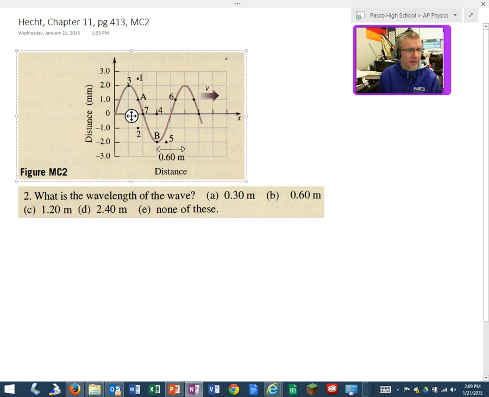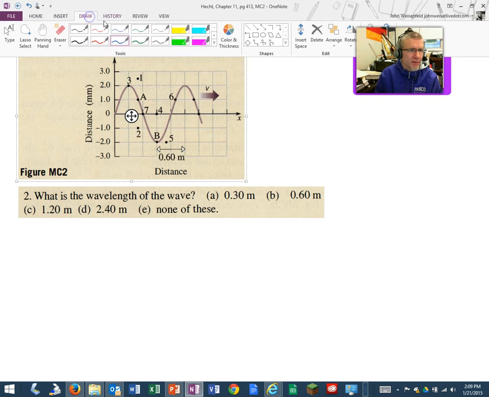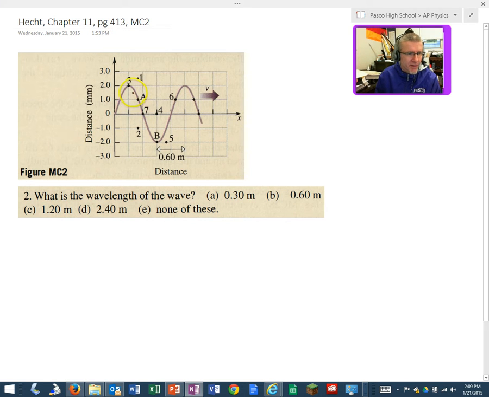Next question. We've got a wave here, and this is page 413, multiple choice number 2. What is the wavelength of this wave? So if I was to pick point 3, I could measure the wavelength between point 3 and any other point that is at the same relative position in the cycle.